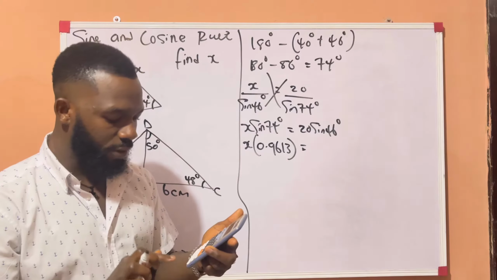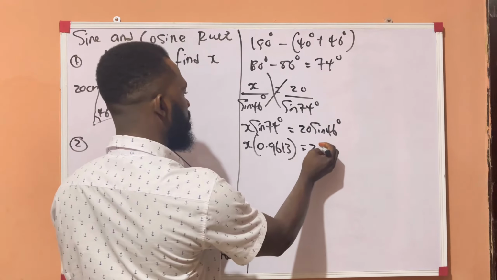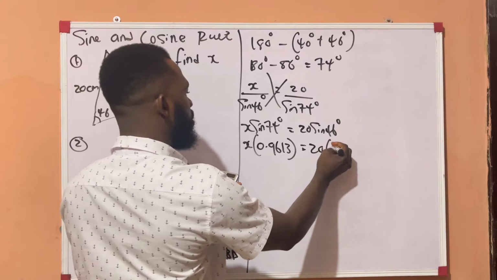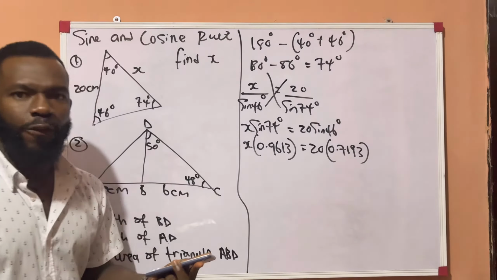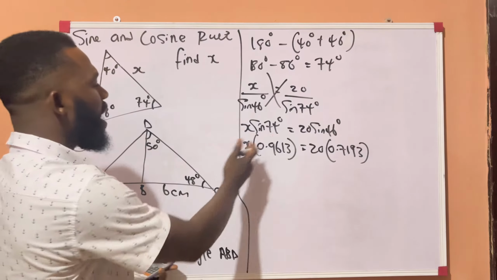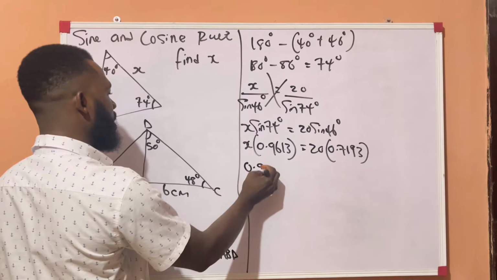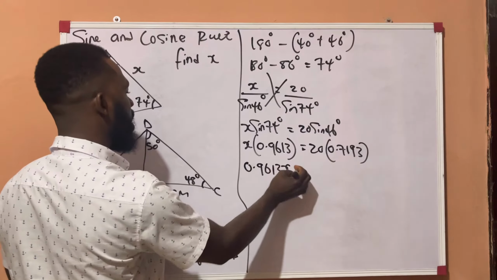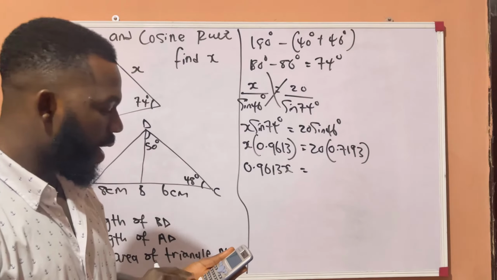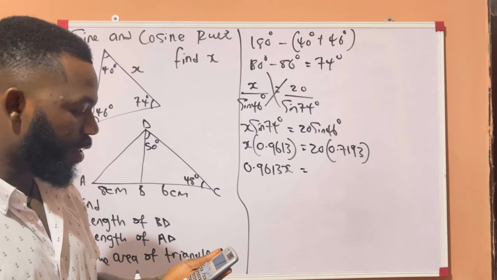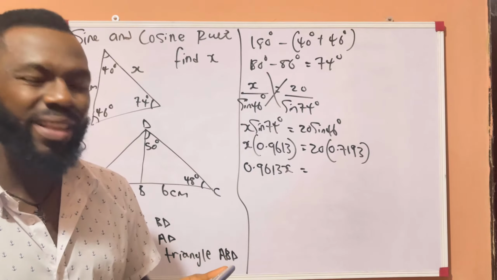Sine 46 degrees gives us 0.7193, so here becomes 20 times 0.7193. Bracket simply means times. Then 0.7193 multiplied by 20 gives us 14.386.